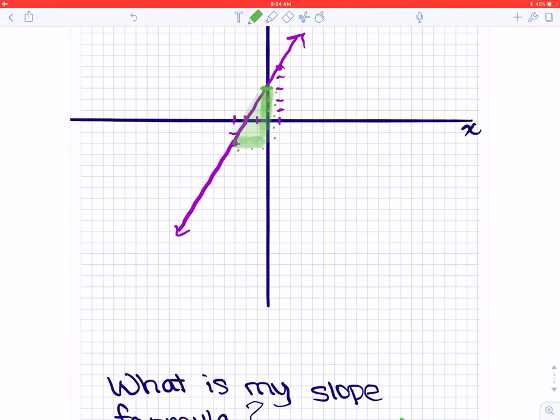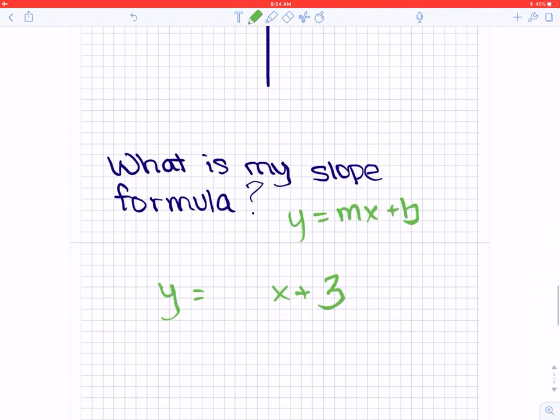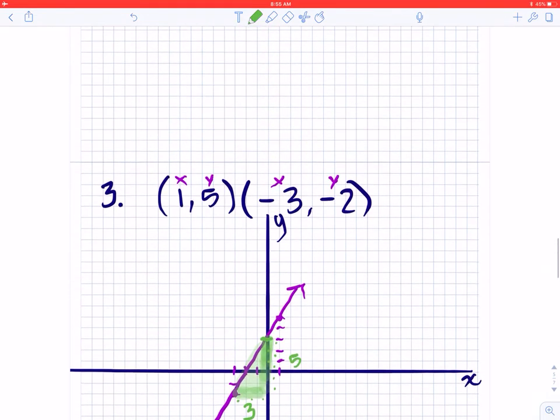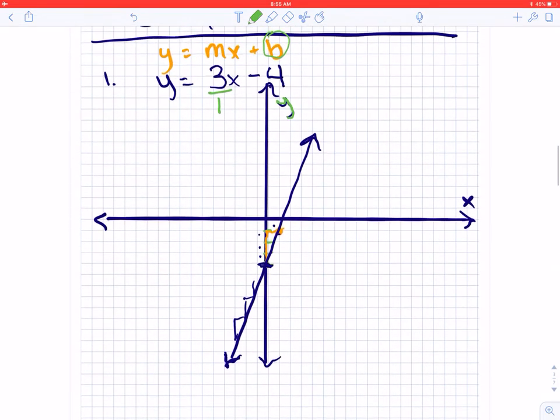My slope triangle is 5/3. This is a positive line, so my slope is +5/3.